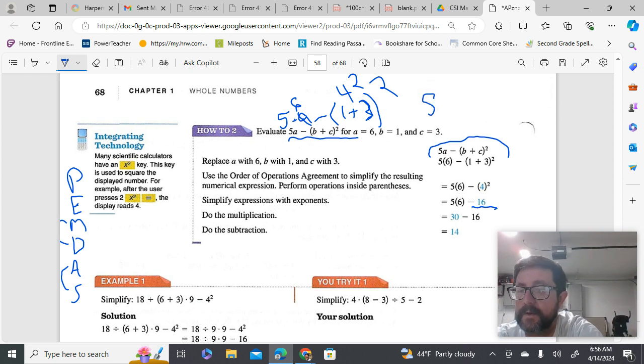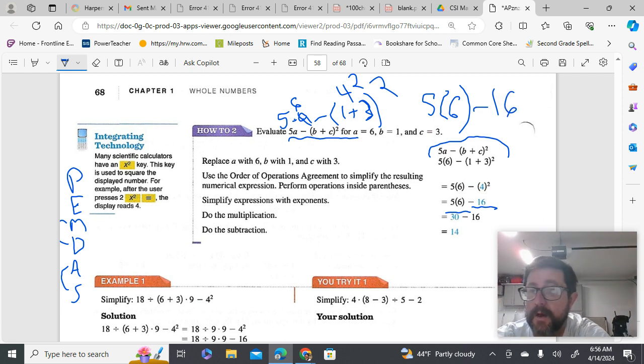And they rewrite the 5 times 6 using the parentheses. So we go 5 times 6, which still means the times. 5 times 6 minus 16. Now, you go 5 times 6 is 30.